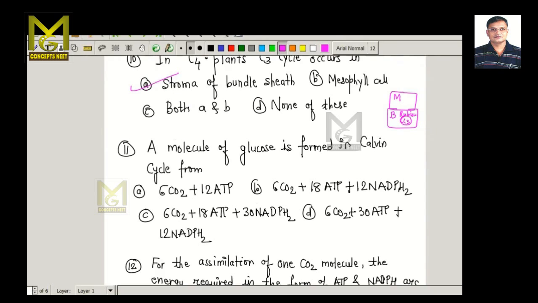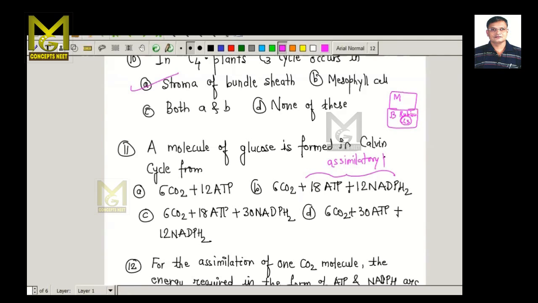A molecule of glucose is formed in the Calvin cycle from. So for the formation of glucose, out of the options given, which is the correct option? Is it 6 CO2 and 12 ATP, or is it 6 CO2, 18 ATP and 12 NADPH2?